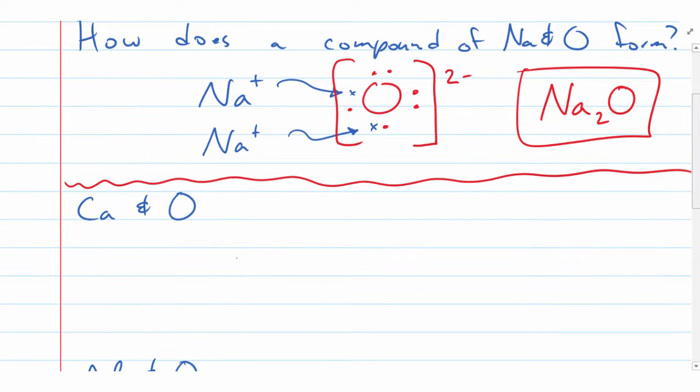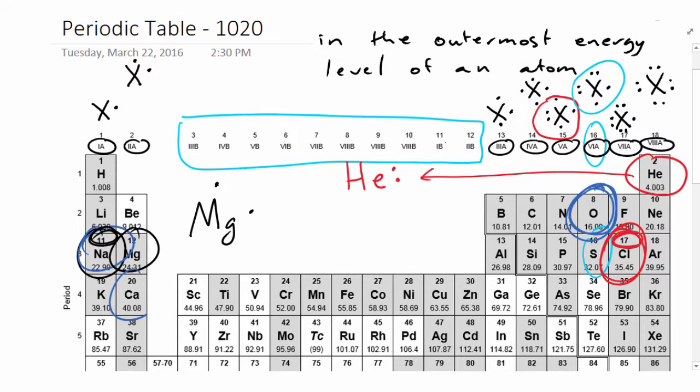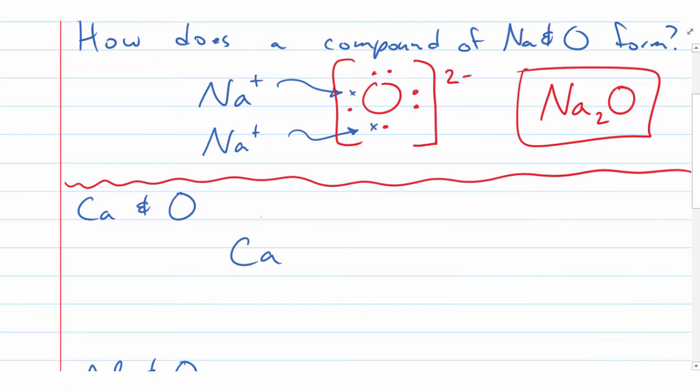Okay, let's do calcium and oxygen. Let's try to do these as quickly as we can. Calcium has how many valence electrons? 2. Good. So it should have how many dots? 2. Oxygen has how many valence electrons? 6 dots. All right. So easiest thing for calcium to do is to give them up.